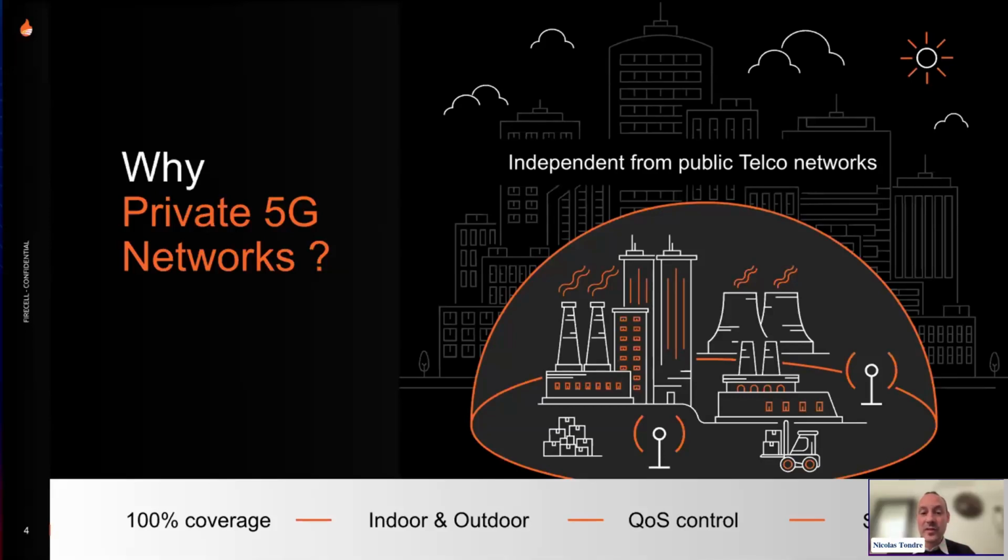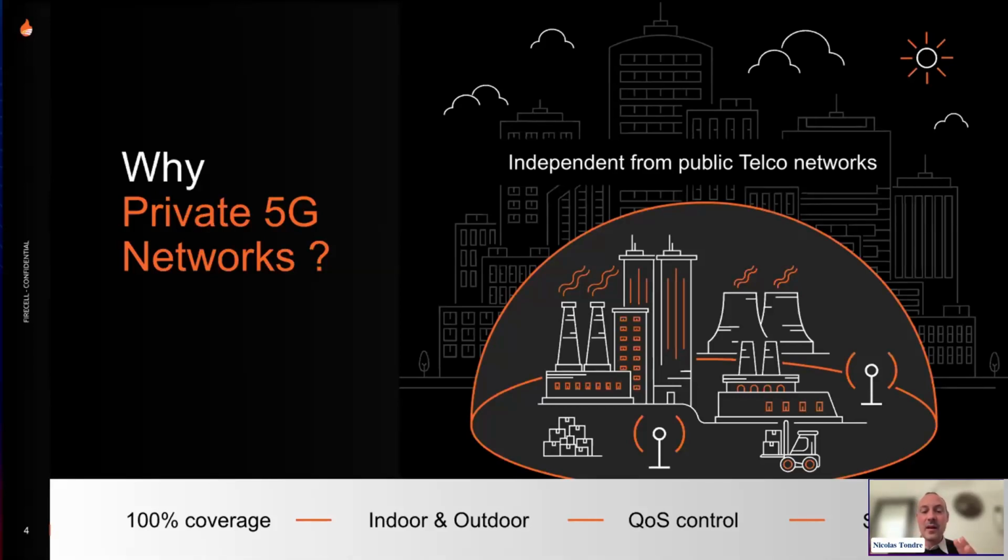The Industry 4.0 has lots of items that need to be controlled, lots of data that needs to be communicated fast from the offices to the warehouses, from the control centers to the machines. They can be AGVs that are automatic guided vehicles. They can be robots. There can be sensors. There can be drones.